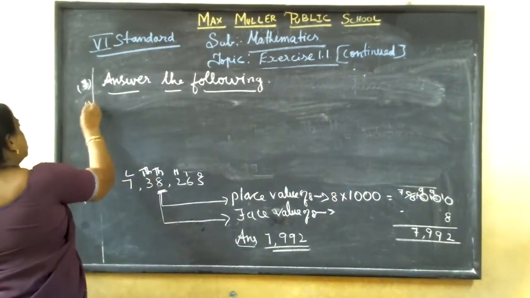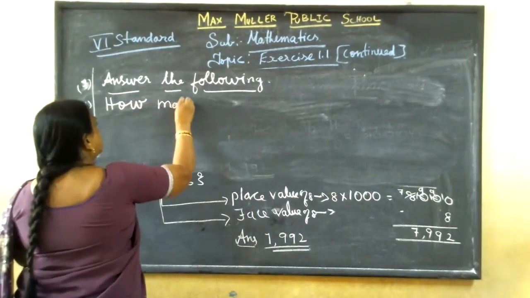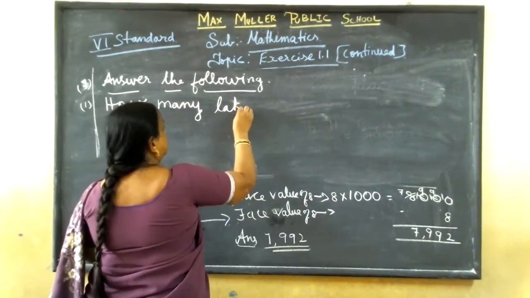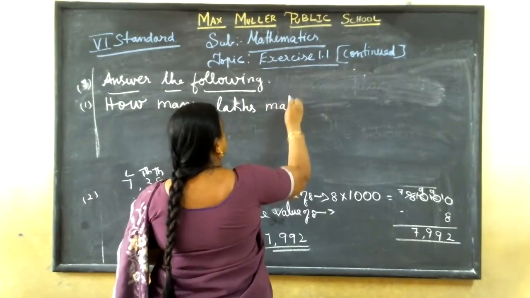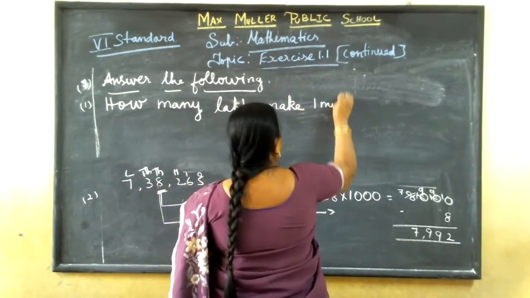So first one, how many lakhs makes 1 million?